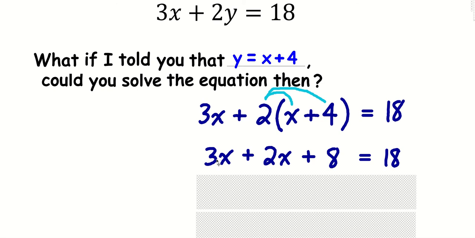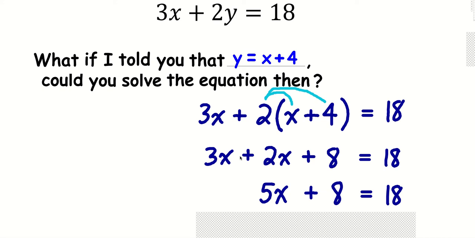Now we're actively solving for x. Wouldn't the next step be to combine those like terms that are already together on the left side? So that'd be 5x plus 8 equals 18.